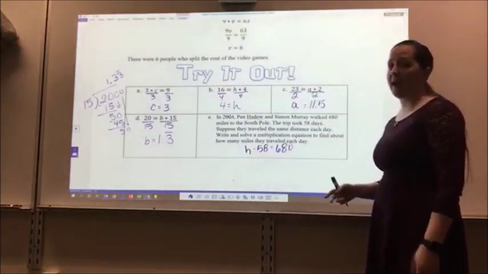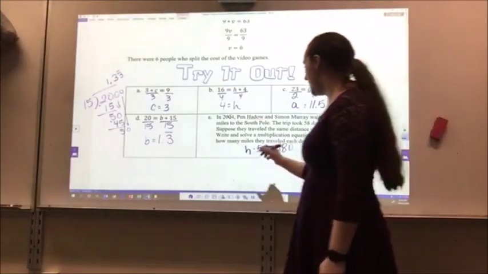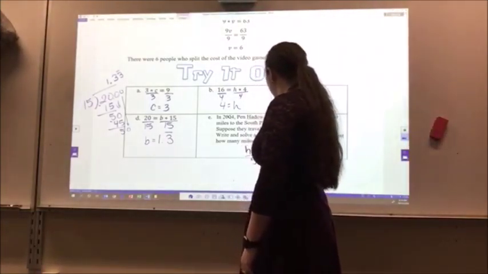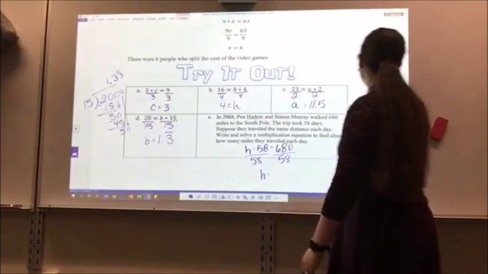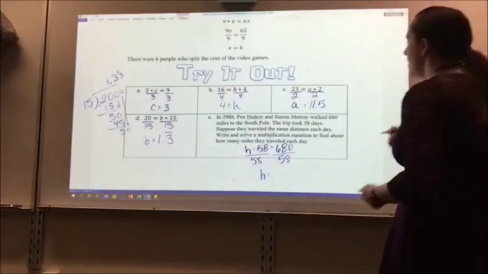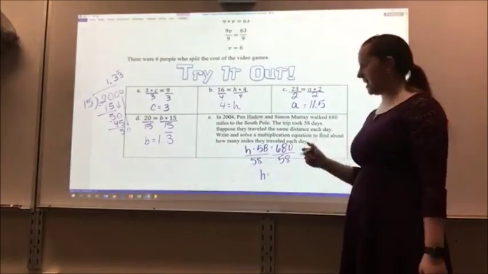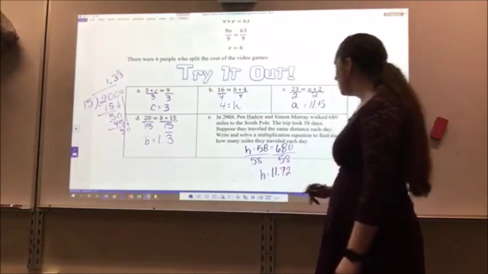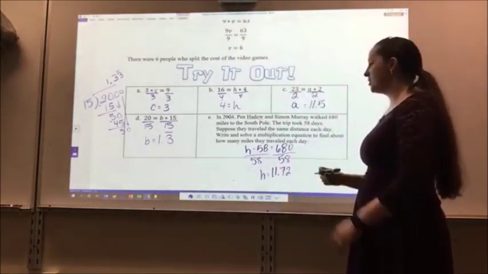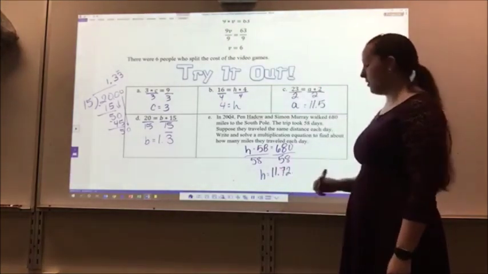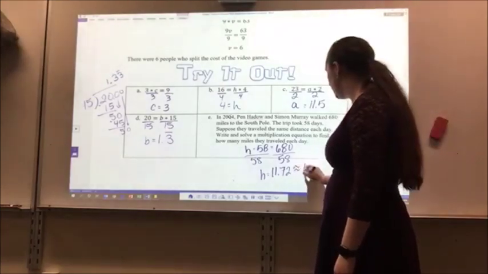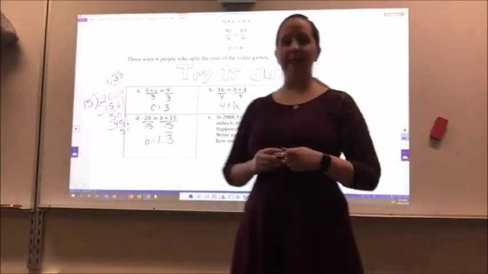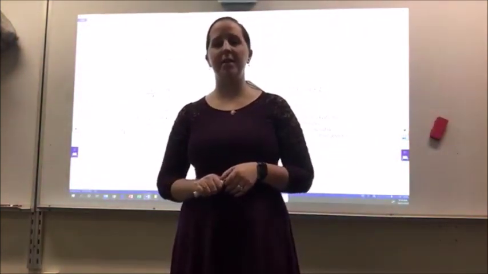Now I divide both sides by 58. 680 divided by 58 gives me 11.72. So they traveled about 12 miles each day. All right, and that is the end of Chapter 7, Lesson 4.